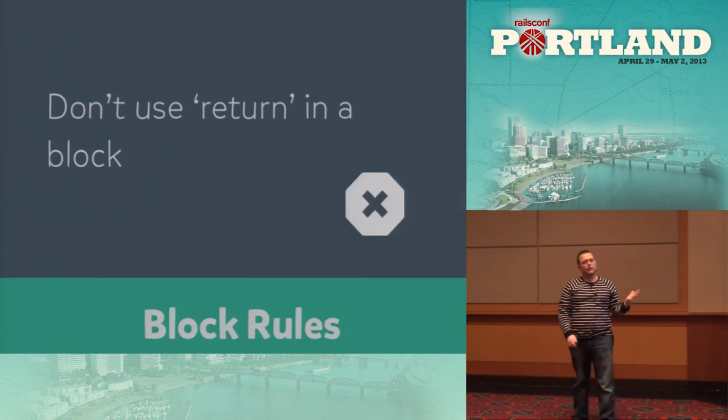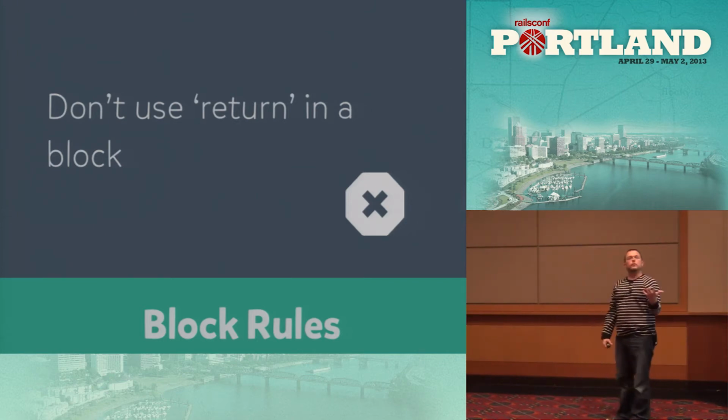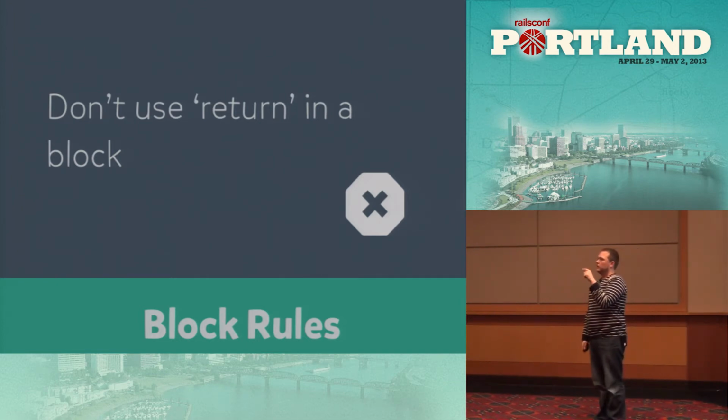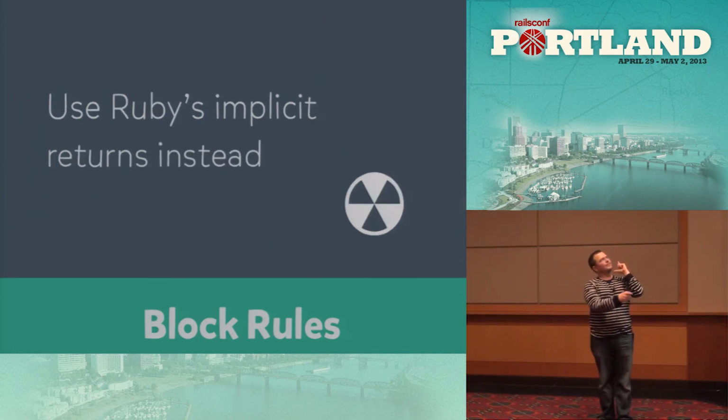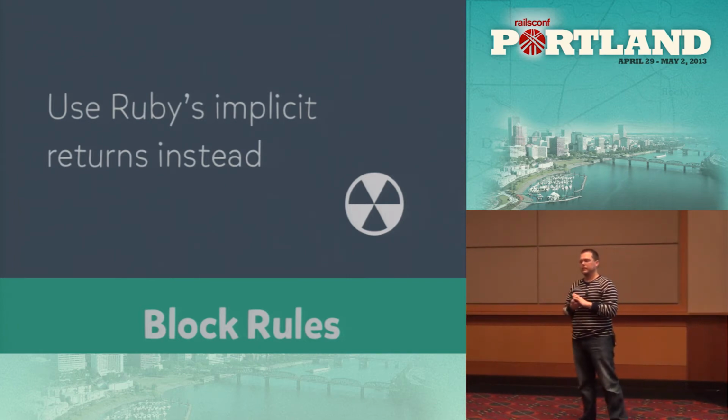So instead, you have to think about how with Ruby, you don't have to write return, right? It has implicit returns on the end of each method. So just think about it like that. Think that the last thing in the block is going to get returned by the block, if you're assigning it in your method. So just use Ruby's implicit return instead if you need the value inside the block to come into your method.